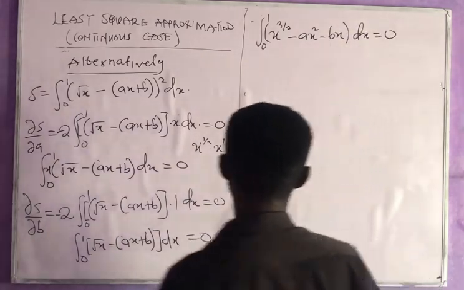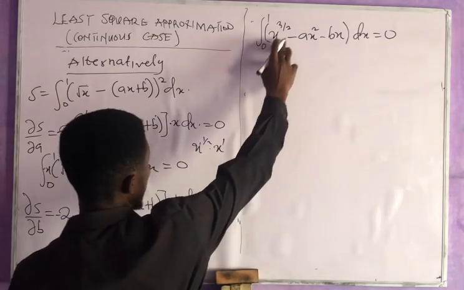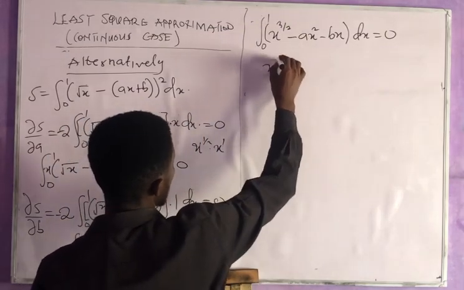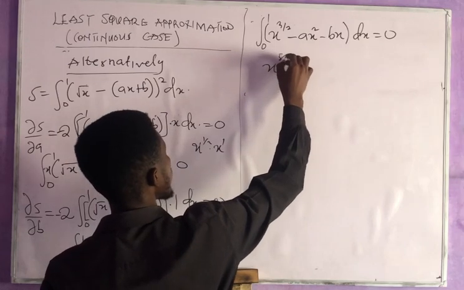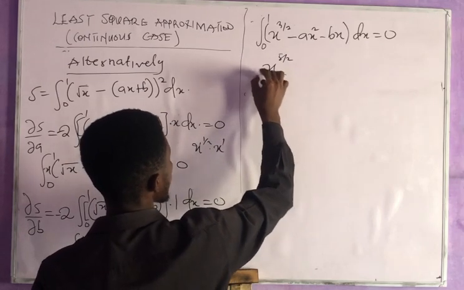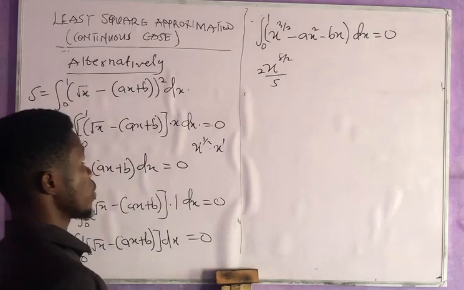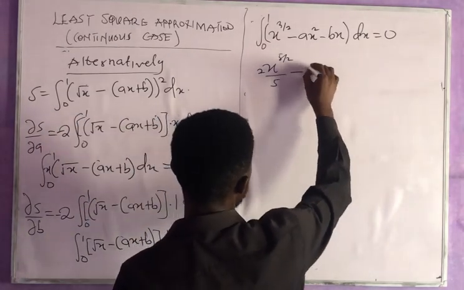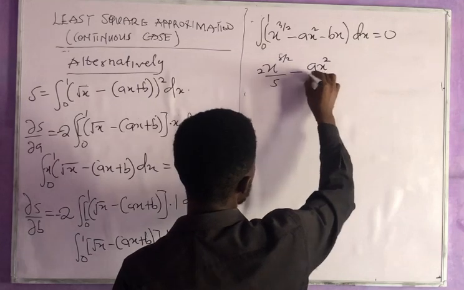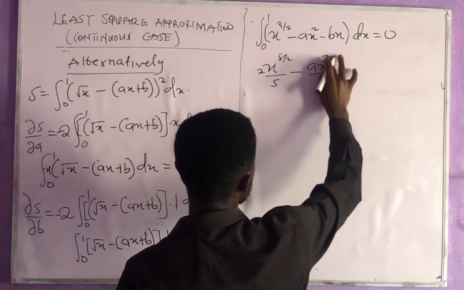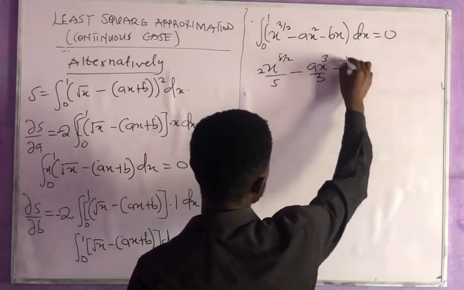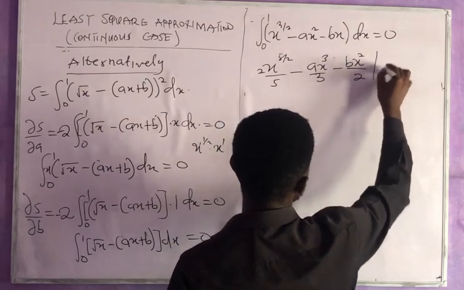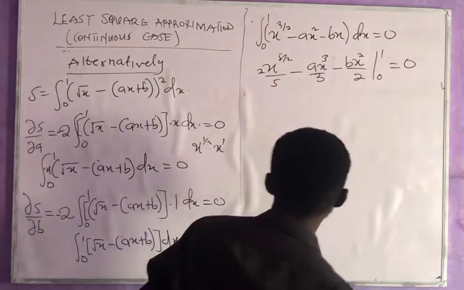So now let me integrate this. When I'm integrating, I'm adding 1 to the power, divided by whatever I get up there. So that will give us x to the power 5 over 2 over 5 minus ax cubed over 3 minus bx squared over 2, from 0 to 1, equals 0.